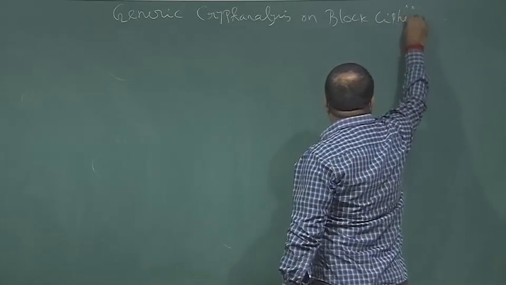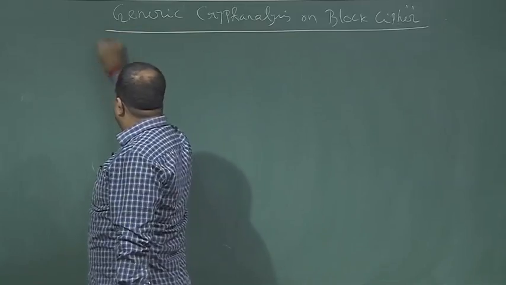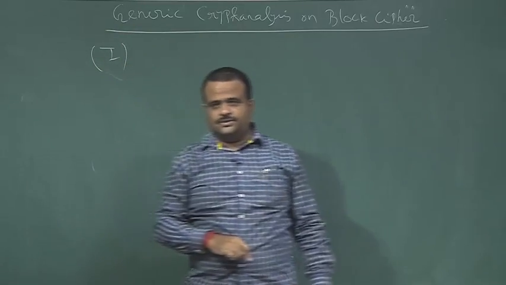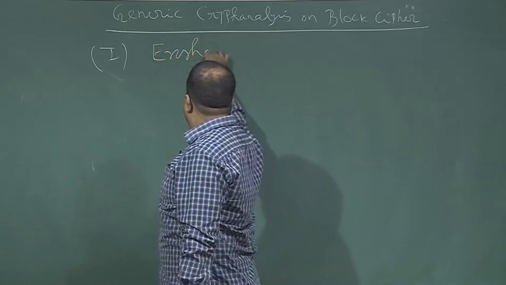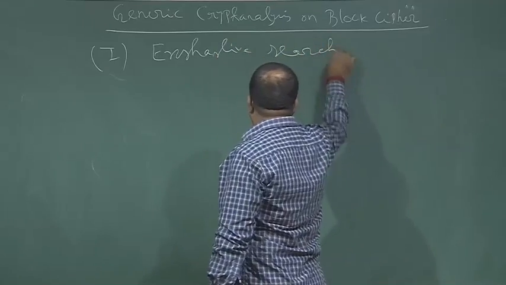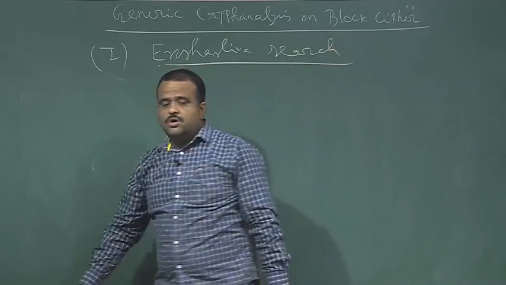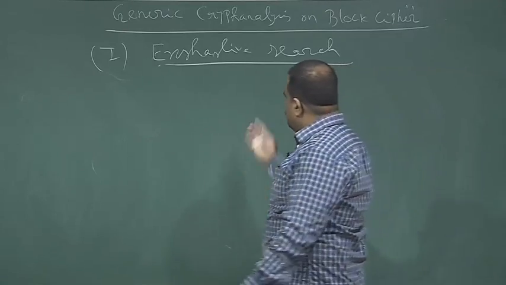Let us start with the block cipher. The first one, which we basically know, is the exhaustive search, or the brute force method. We have already seen this.